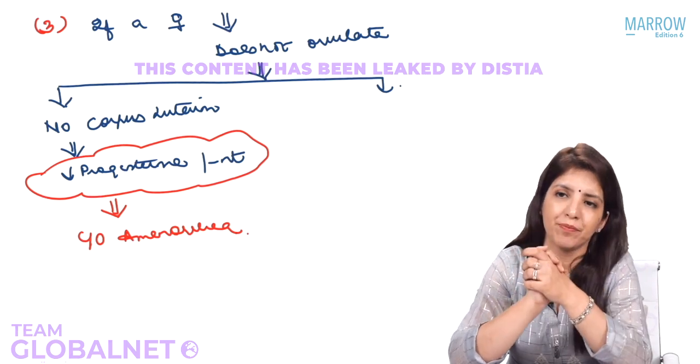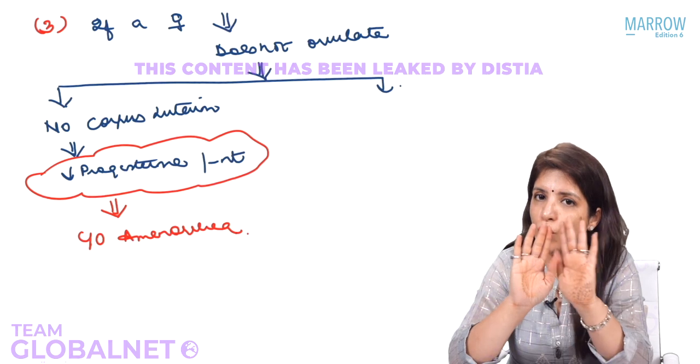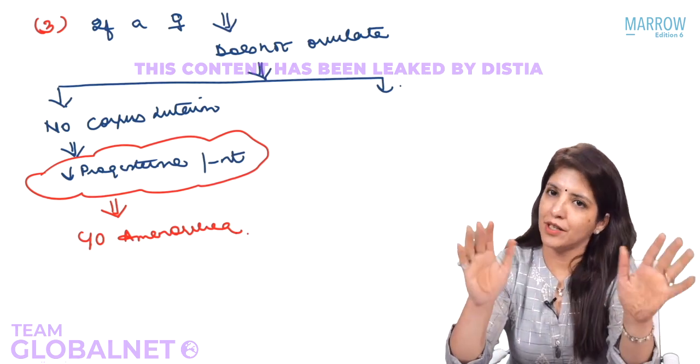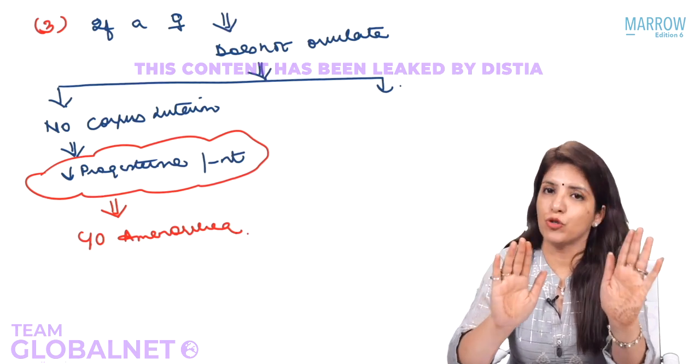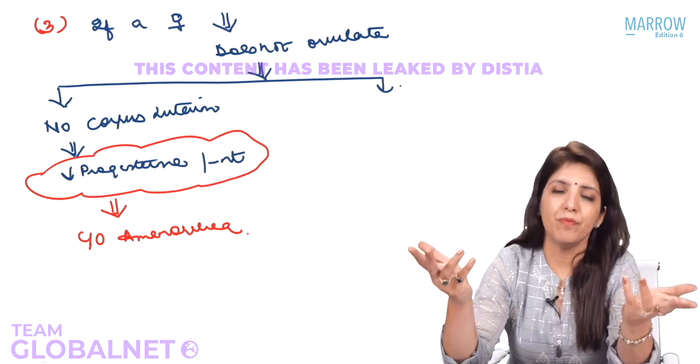So now understand. See, I am saying if there is no ovulation, there is no corpus luteum and there is no progesterone, right? Agreed. This means that in this female there is no progesterone. But what hormone is present in this female? Estrogen, right?